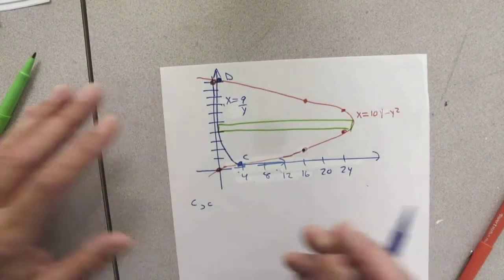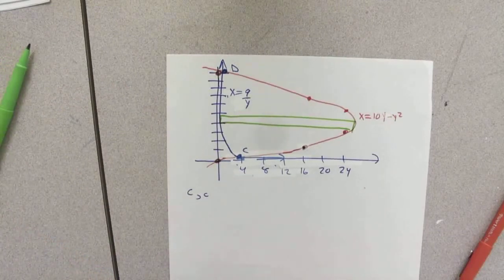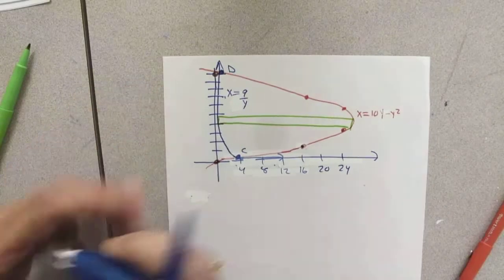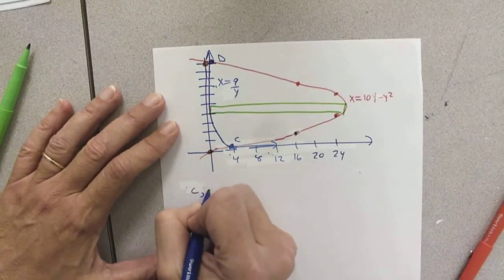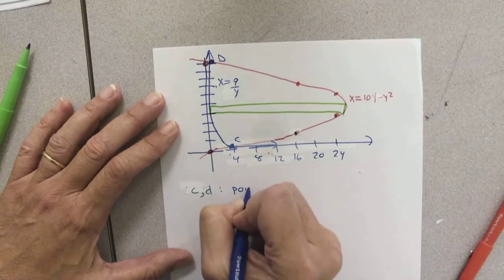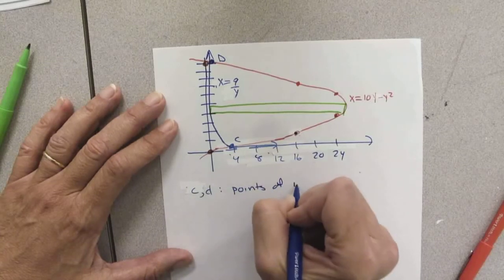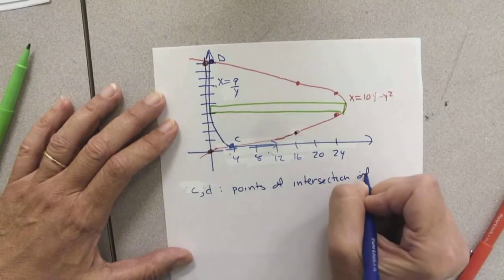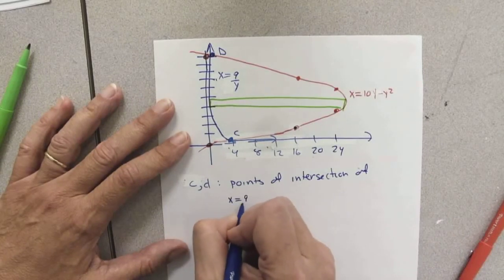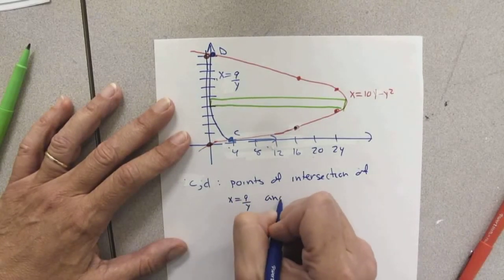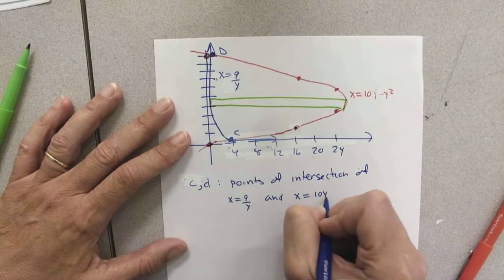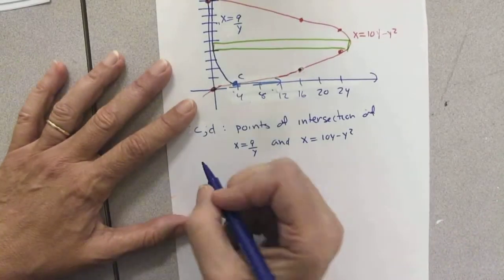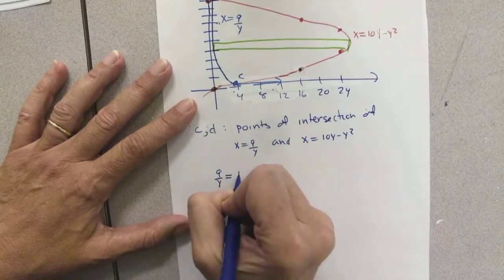So C and D, points of intersection of x equals 9 over y and x equals 10y minus y squared. Set those guys equal to each other and solve.